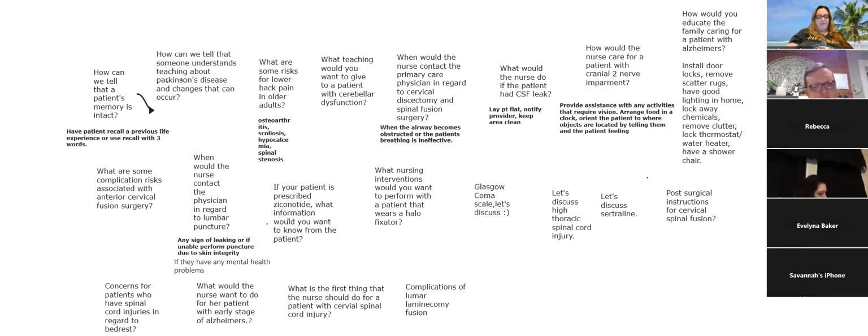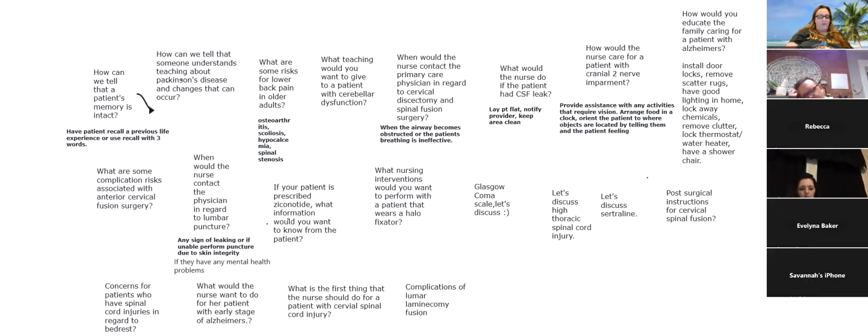So what nursing interventions do you want to perform on this patient that has the halo fixator? They have pins, right? Do we want to do anything with those? Monitor the pin sites for infection, make sure they're clean, etc. All right, Rebecca says if there are any problems with mental health for ziconotide, yes, that's exactly right.